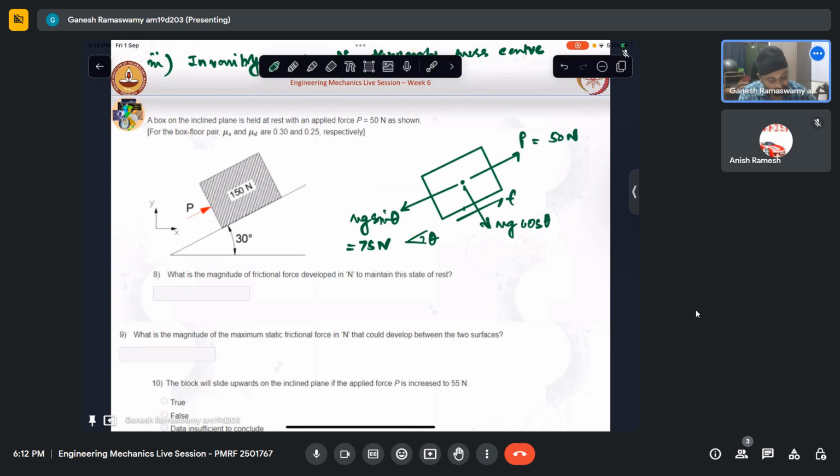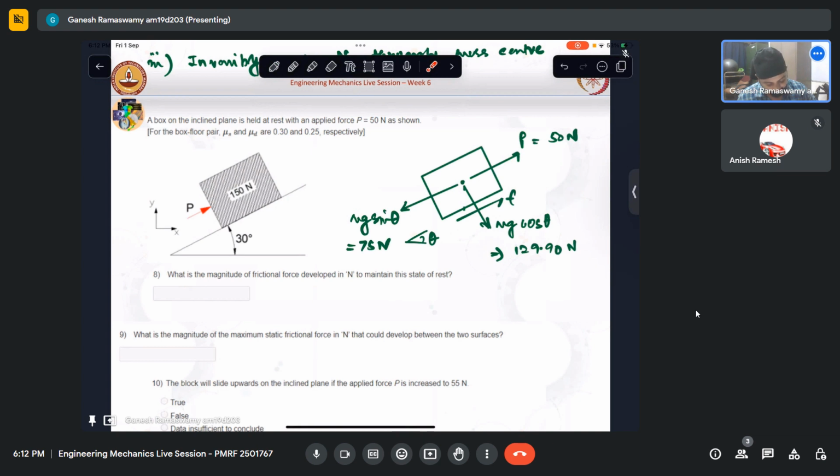Okay, now that friction has mobilized, is it necessary that friction is mu s n? Let us calculate this also. This will come out to be 150 root 3, so this is 129.90 Newton. In which case, if we replace this frictional force to be mu s n, what will that come out to be?